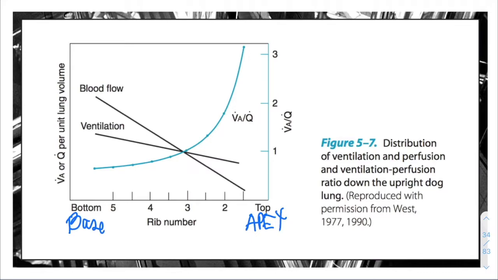So you are looking at two parameters, ventilation and perfusion. In the middle portion, the ventilation and perfusion meet, or a ventilation perfusion ratio of 1.